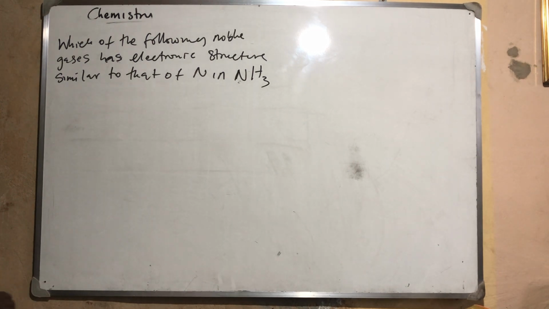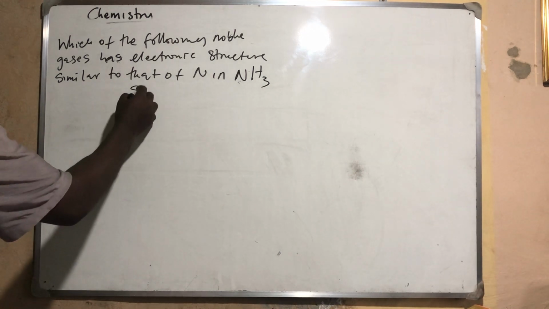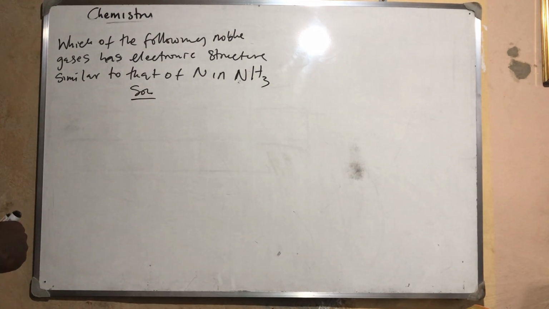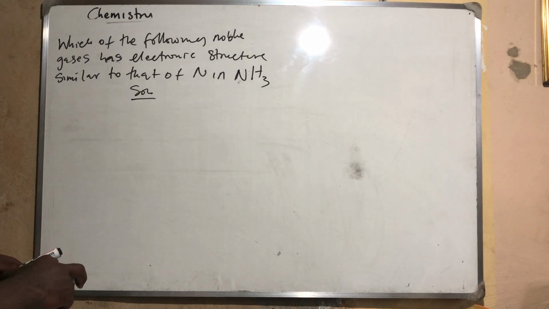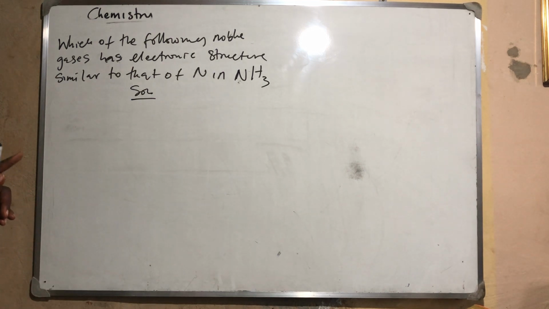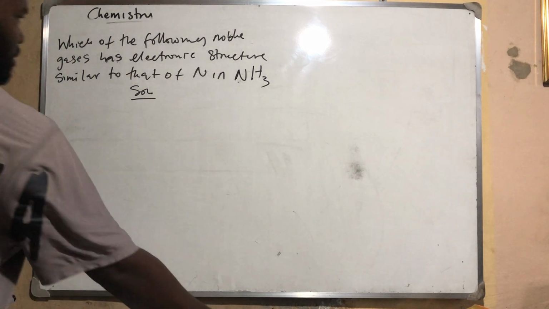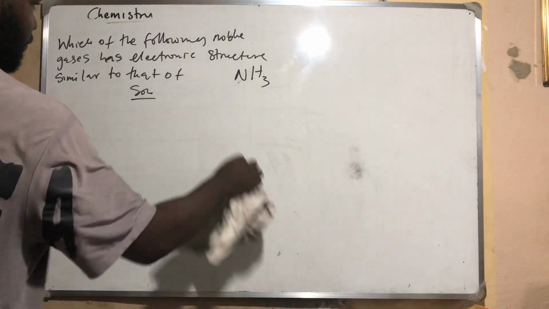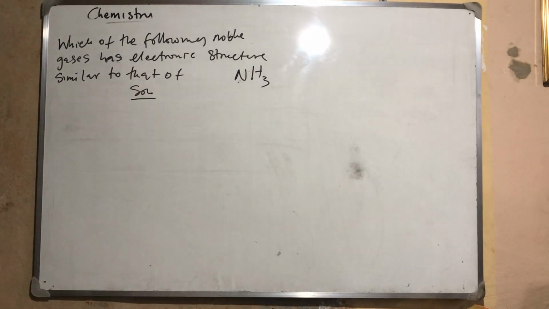Okay, so if you look at this solution, which of the following noble gases has electronic structure similar to that of NH3? That is how it's supposed to be. That of, not that of N in NH3.